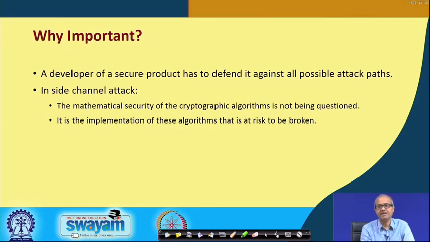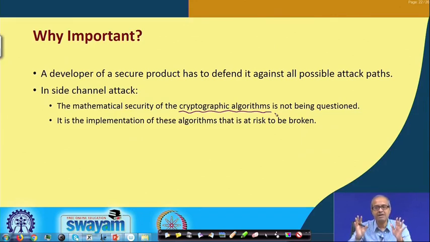Now, in side channel attack, the point to note is that we are not saying that the cryptographic algorithms that are running inside the devices are bad, are weak. We are not saying that. We are saying that they are mathematically very sound, very stable, we all know that.